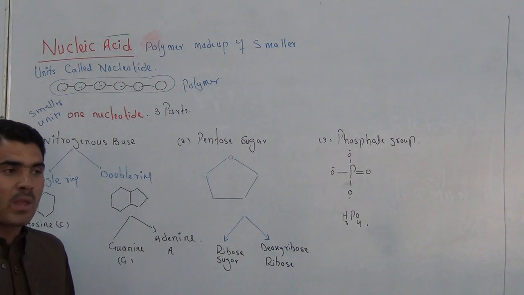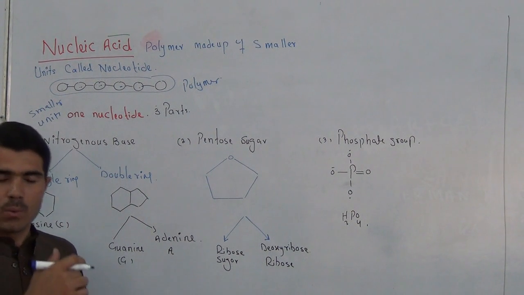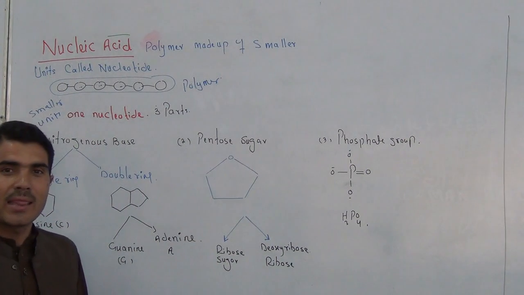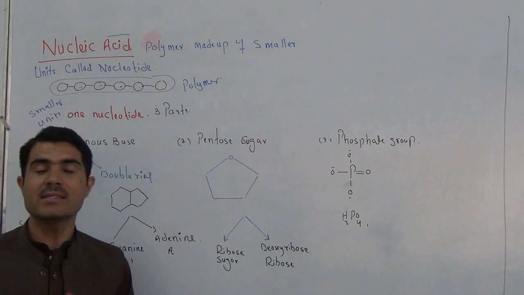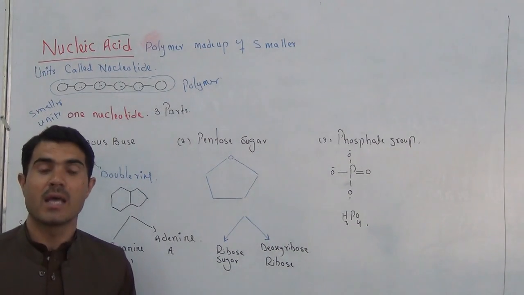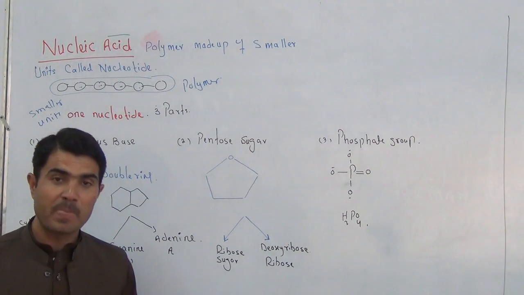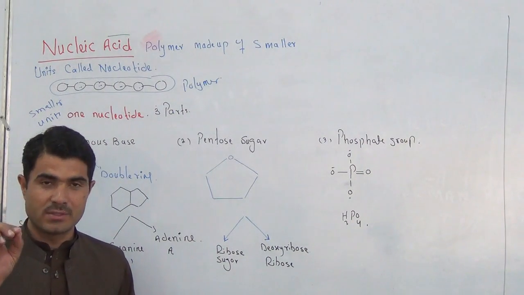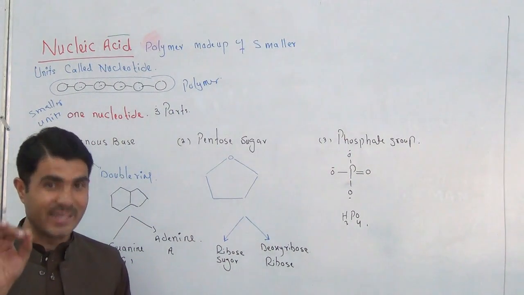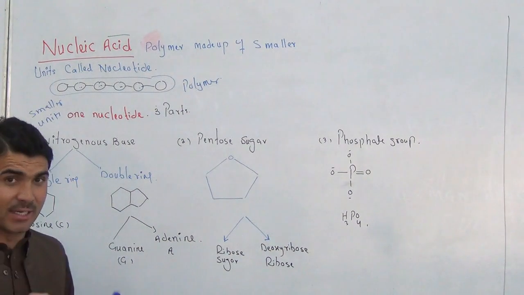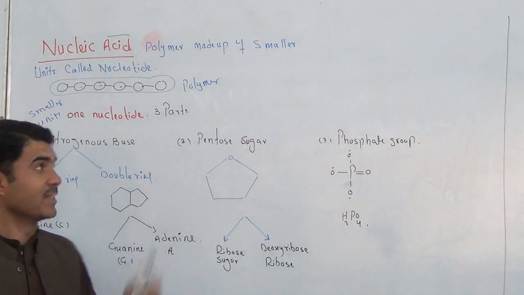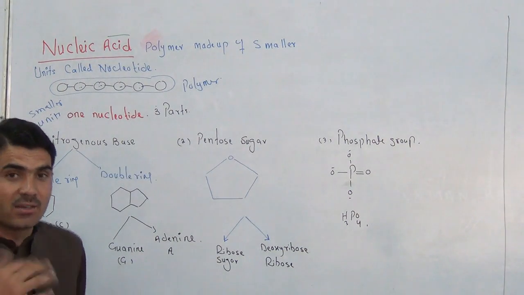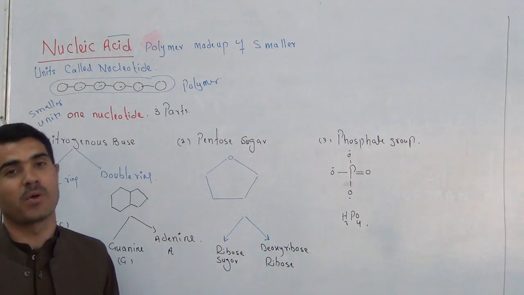And then every student wants to know that the smaller units which are combined, is there any name for these smaller units? I will say yes. These smaller units are the most important thing to understand the DNA. If we are able to understand these smaller units, I guarantee we will get everything about nucleic acid.